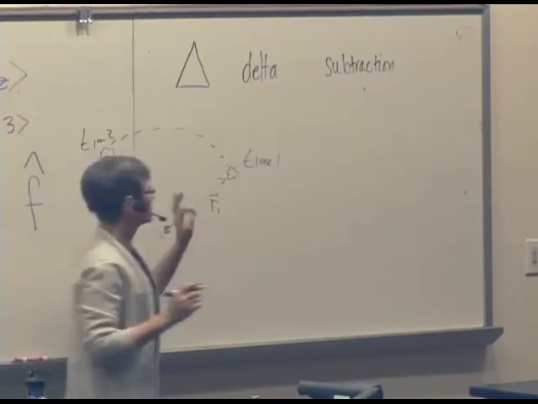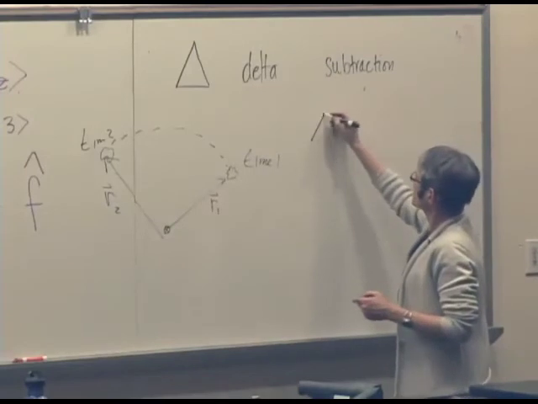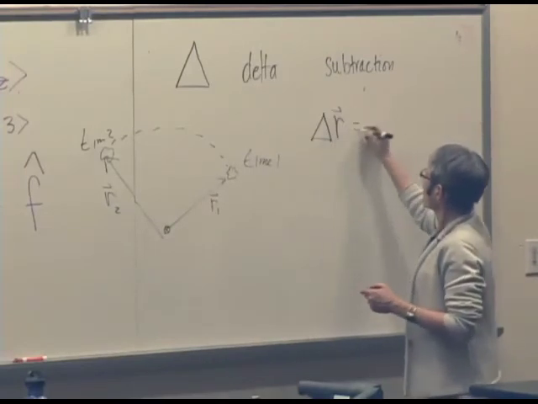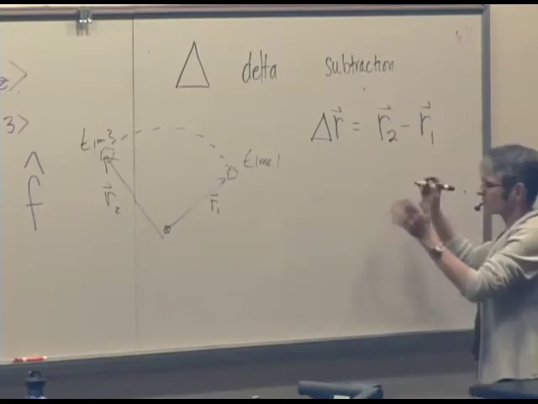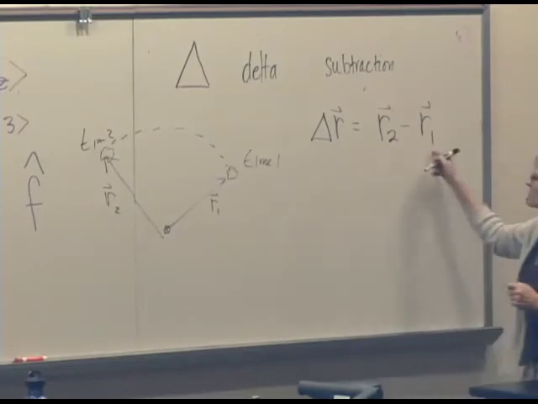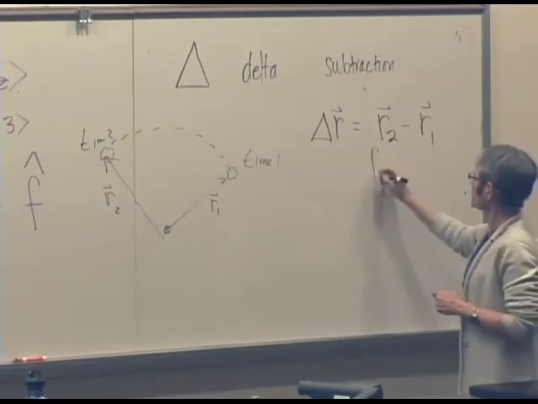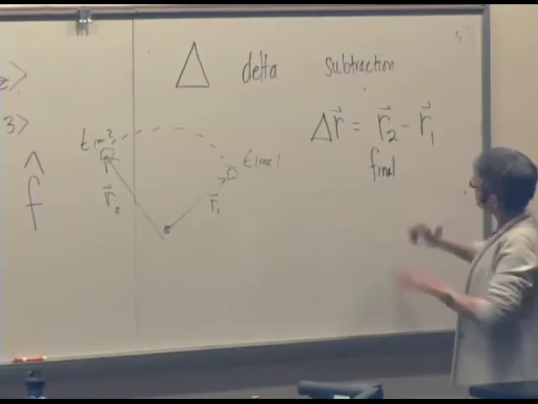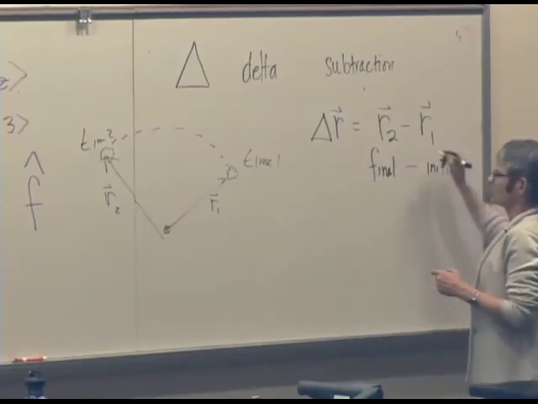We say that the change in position, delta R, would be R2 minus R1, the vector difference. This is the change in R, delta R. It's almost always a final value of something minus an initial value of something.